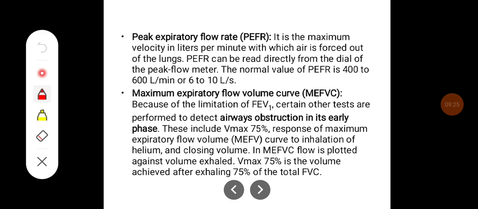Peak expiratory flow rate. It is the maximum velocity in liters per minute with which the air is forced out of the lungs. PEFR can be read directly from the dial of the peak flow meter. The normal value of PEFR is 400 to 600 liters per minute or 6 to 10 liters per second.